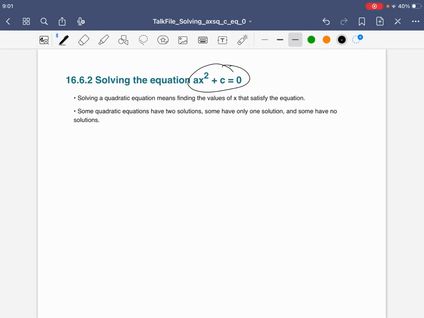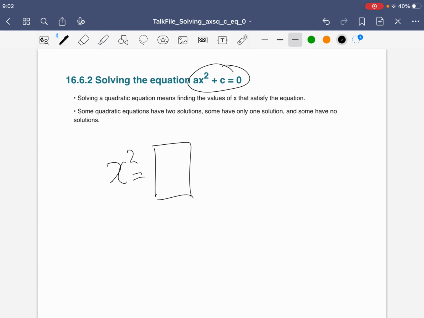So our first aim is to make x the subject. We want to make the equation look like x squared equals something. And then it's gonna be pretty straightforward. We are gonna take the square root of both sides.